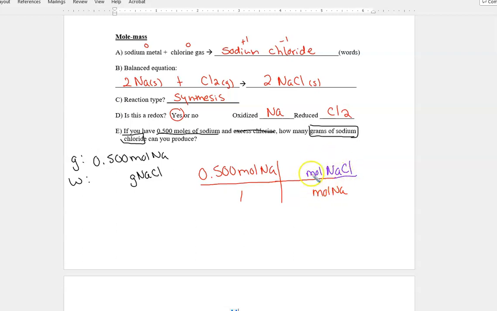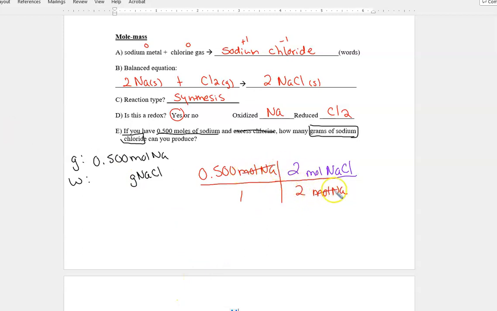Every stoichiometry problem has this, even if the ratio is 1 to 1, it still needs this right here. Where are these numbers coming from? Well, they're coming from the balanced equation. In front of NaCl there is a 2. In front of Na there is a 2. So let me stay red with that.